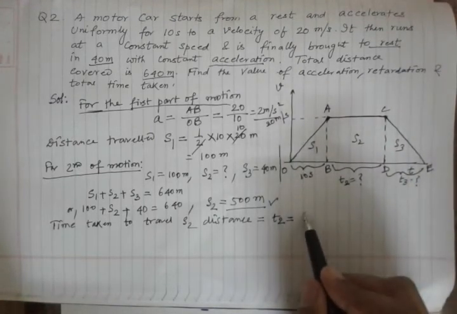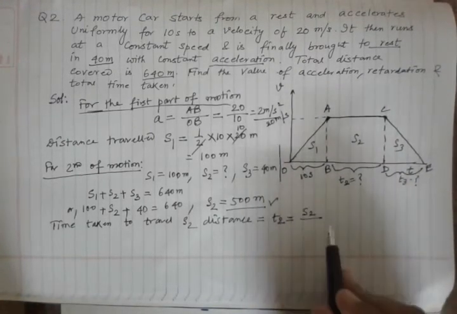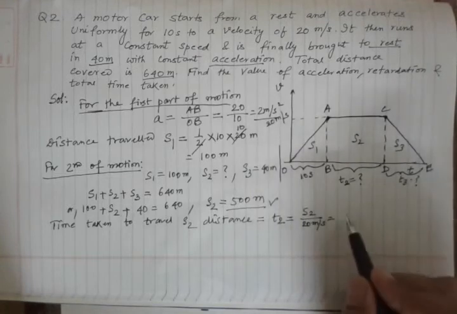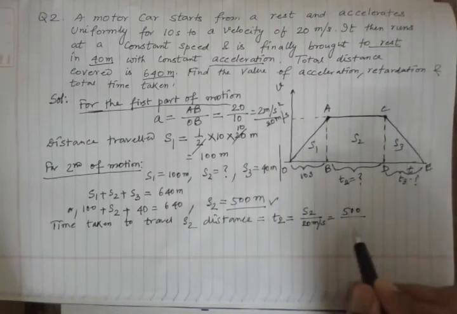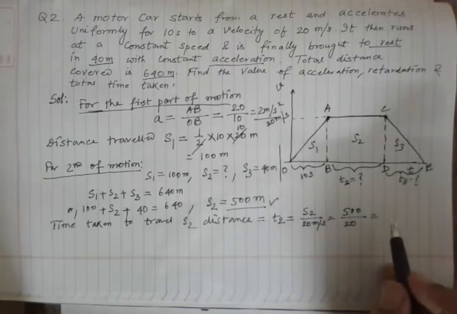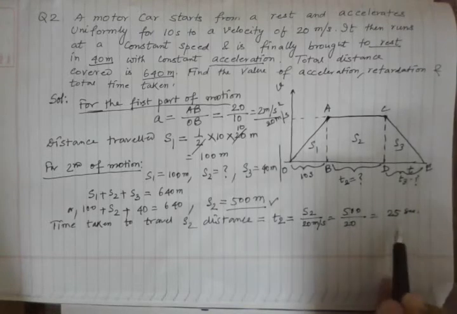So S2 by velocity, which is 20 meter per second. So S2 is 500 divided by 20. So we'll get 25 seconds.